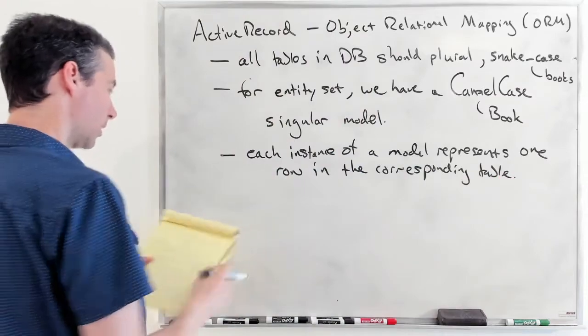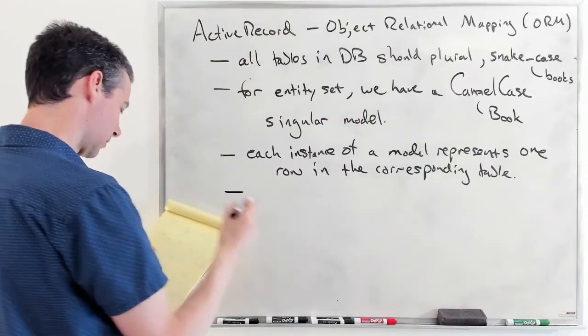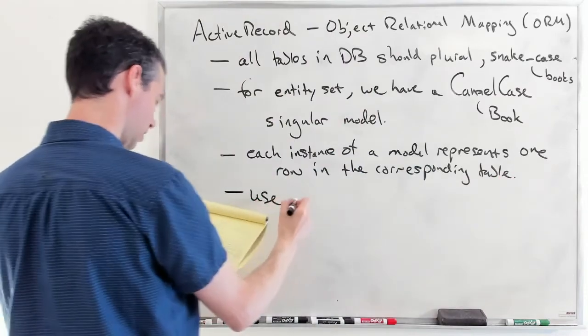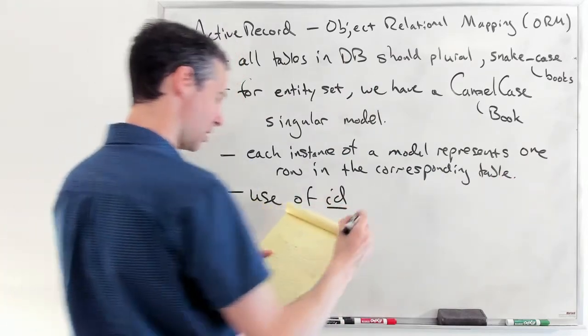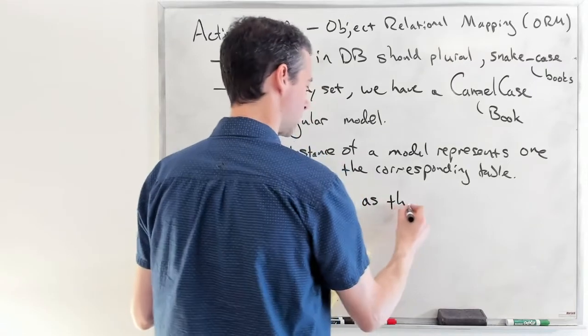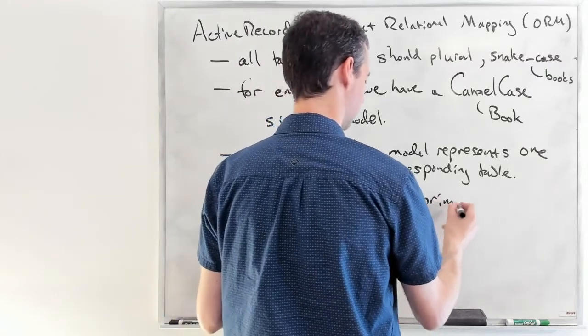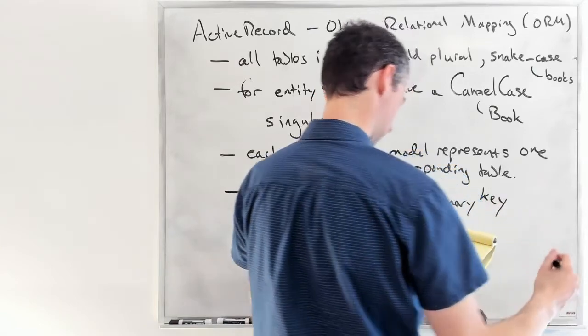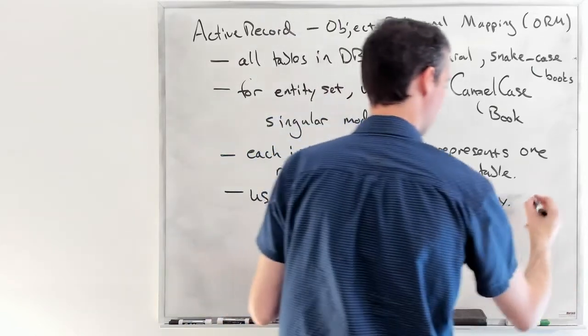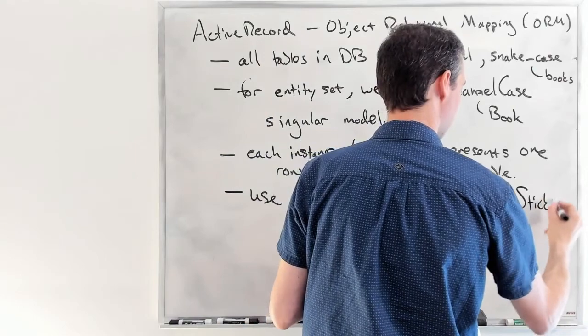All right. In Rails, the convention is to use ID as the primary key, and I'm just going to say stick to that.